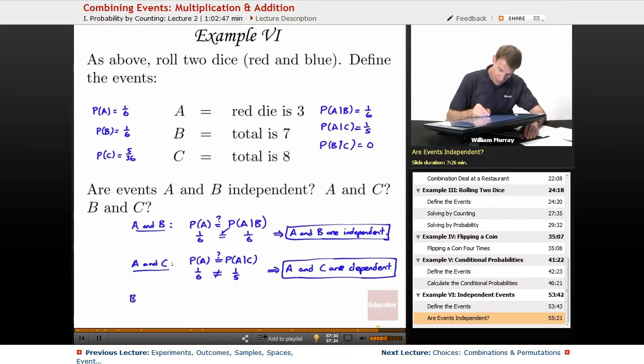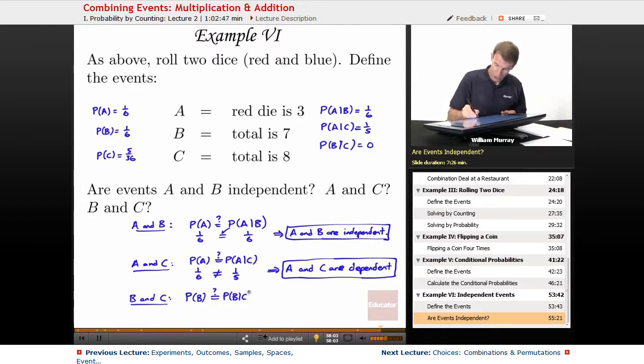Now B and C. Sort of tempting to say they're independent, because if you're thinking like some students think, you say, oh, total is 7, total is 8, those can't both happen. You might think, oh, that means independent. That does not mean independent. That means disjoint. So let's actually calculate it using the probabilities. Is the probability of B equal to the probability of B given C?